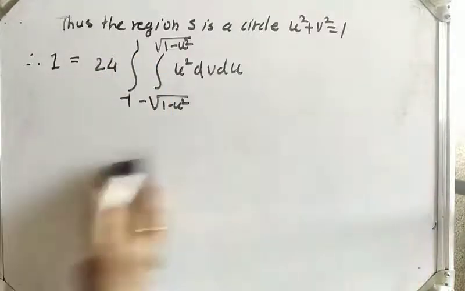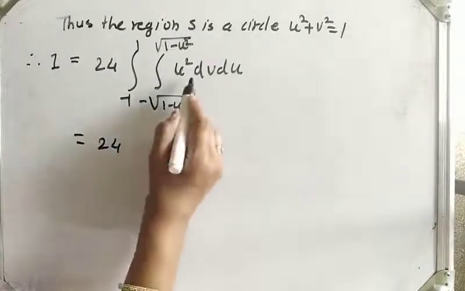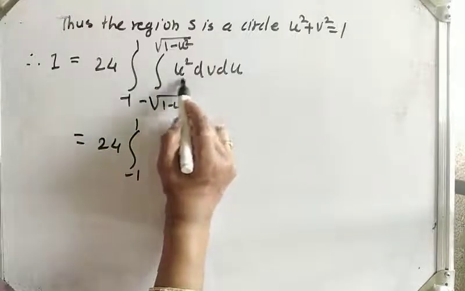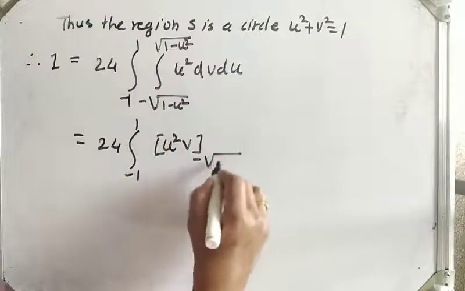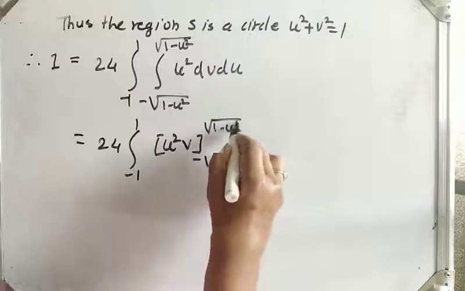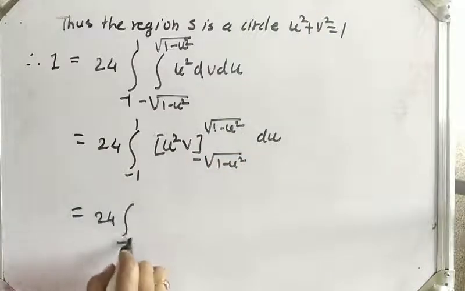Now let us solve it. Which is equal to 24, the integral from minus 1 to 1 as it is, integration with respect to v. So u square is constant, v with limits minus square root of 1 minus u square to square root of 1 minus u square. That is 24, minus 1 to 1.